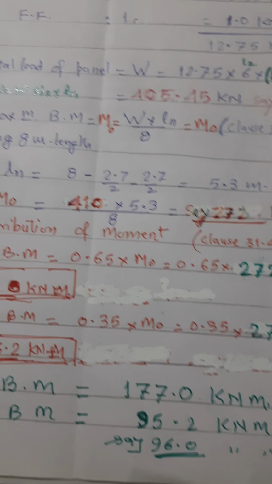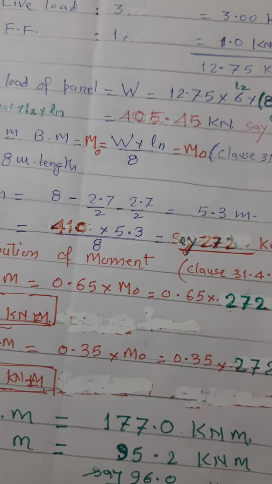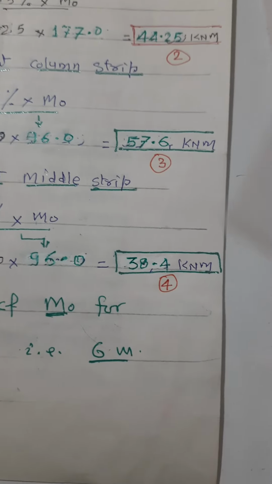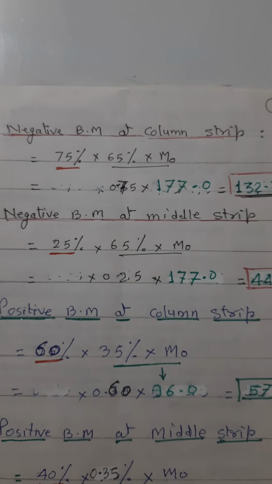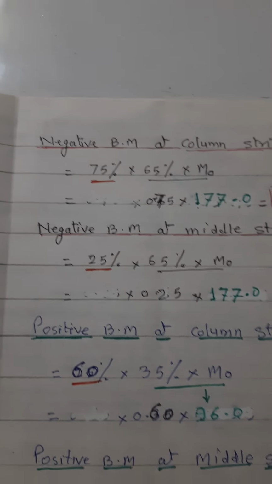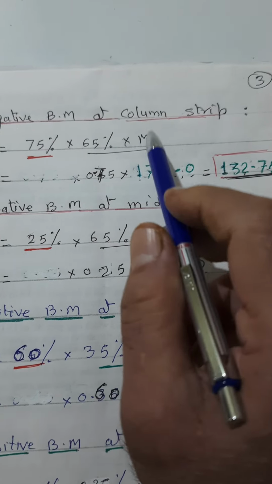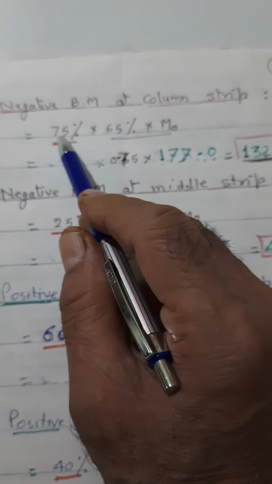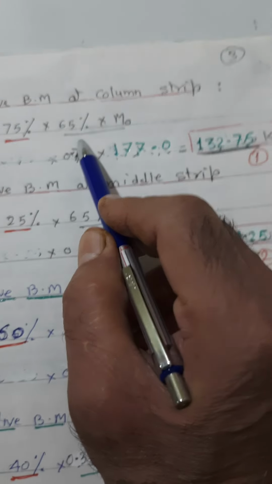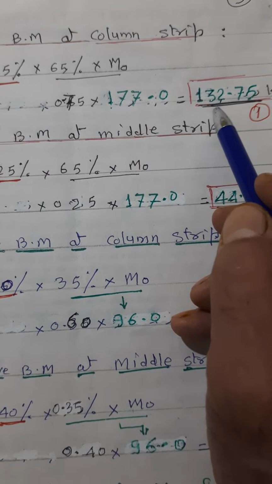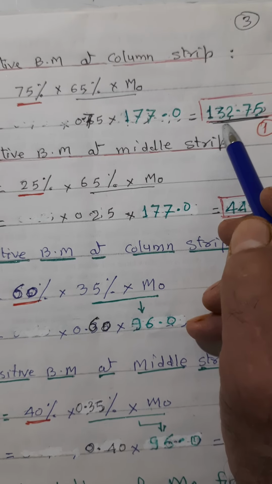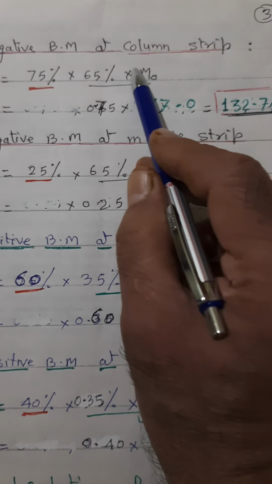column strip first. Generally it is taken as 75% of that 65% of M0. The design bending moment at the column strip will be 75% of that 65% of M0, and it comes out to be 132 kilonewton meter at the column strip.